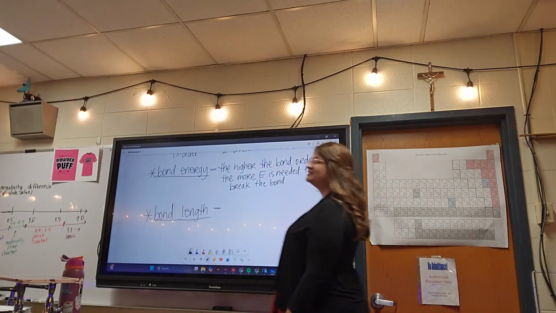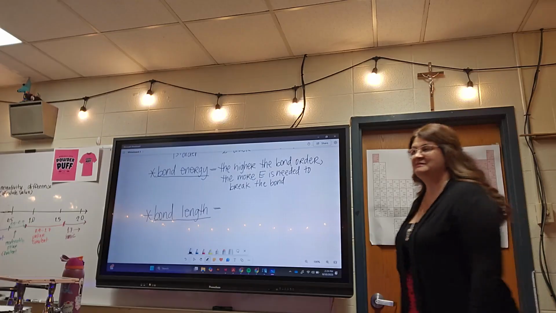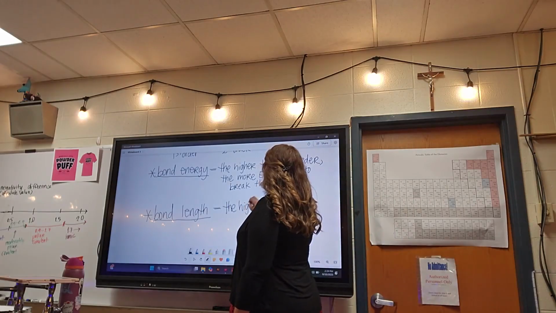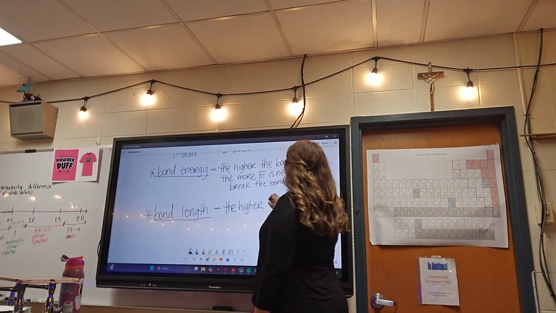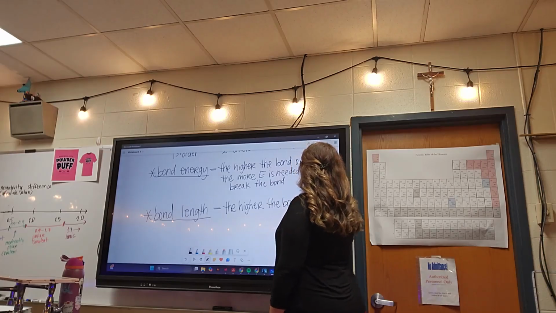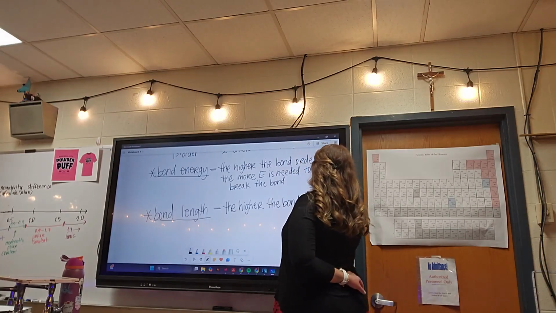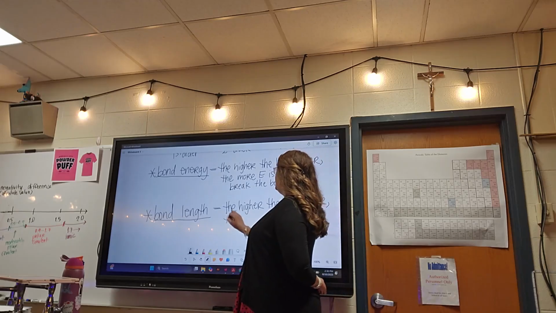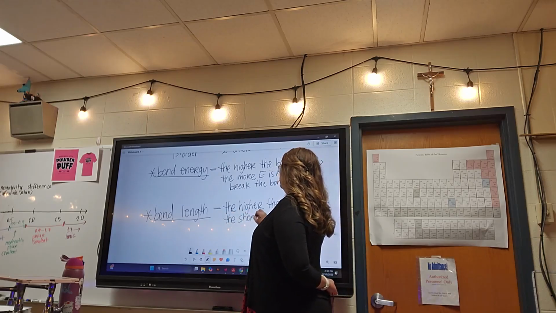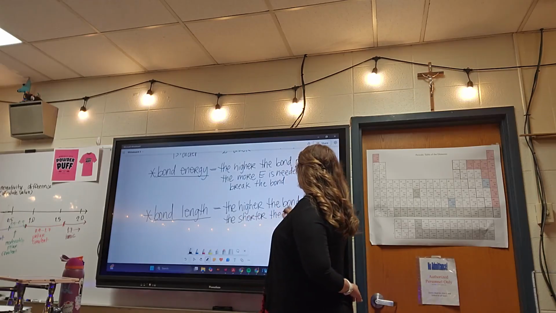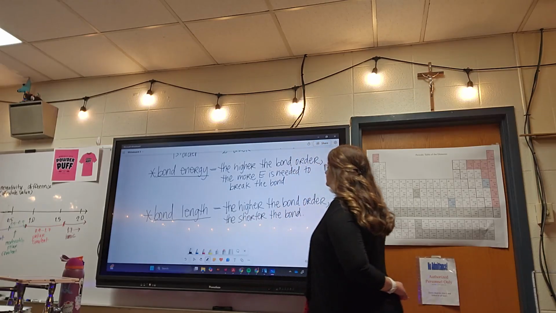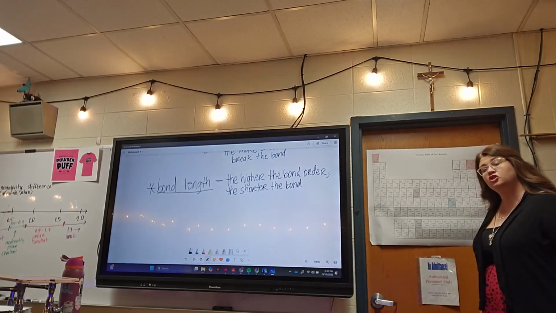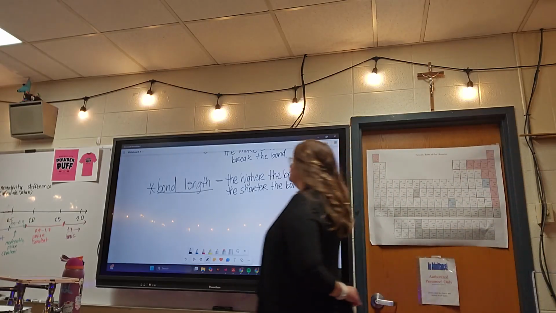The third and final term is bond length. It's also related to the bond order. The higher the bond order, sometimes people abbreviate bond order as BO, the higher the bond order, the shorter the bond. So that's one way to determine length, but there's another.